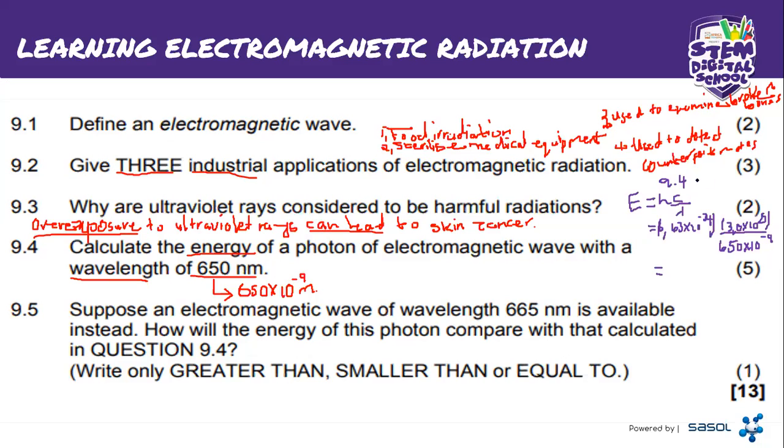And there, my dear learners, we get our answer as 30,6 multiplied by 10 to the power of negative 20. And our answer there is going to be in joules.